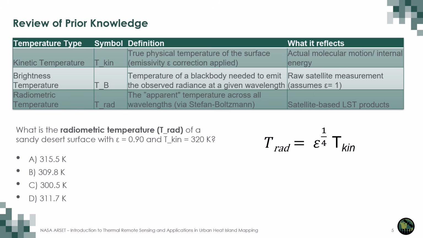With a sandy desert surface having an emissivity of 0.9 and a kinetic temperature of 320 Kelvin, we can calculate the radiometric temperature as follows.